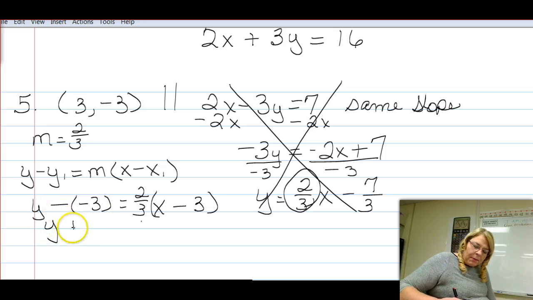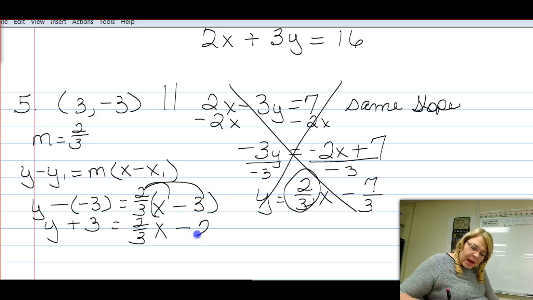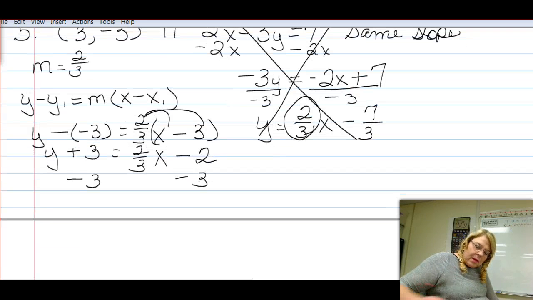This gives me y plus 3 equal 2/3 x minus, when I multiply the 2/3 to the -3, I get -2. I simply subtract 3 from both sides. The answer to part A of this question then is y equal 2/3 x minus 5.